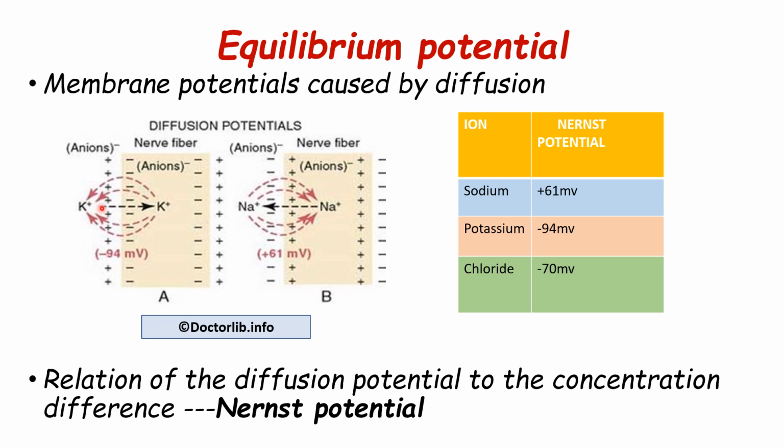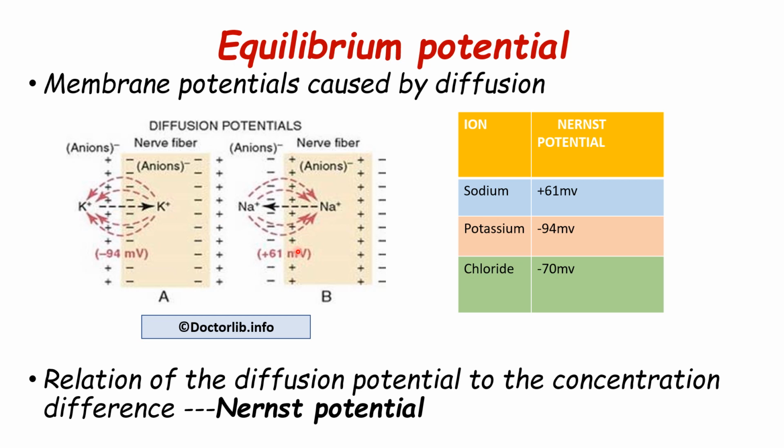Now some of the potassium starts moving back inside the cell because the large electrical gradient has developed. Potassium will move in until the membrane potential reaches the diffusion potential or Nernst potential of potassium, which is minus 94 millivolts. At this stage the membrane potential is minus 94 millivolts and there is no net diffusion of potassium ions.